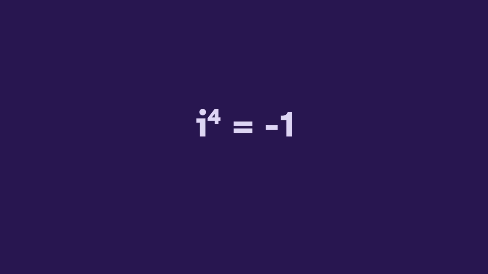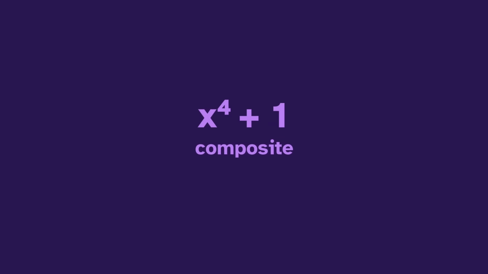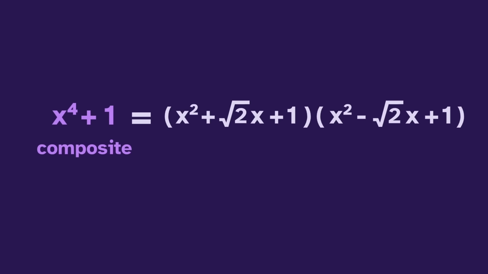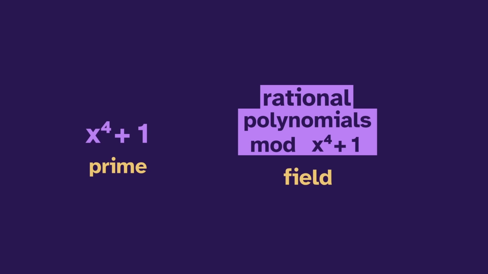If we define i using a power above 2, we won't get a field, because the corresponding polynomial will be composite, having some factorization. Although, notice that this factorization uses root 2, which is irrational. So far, I've assumed that these polynomials are real, but if we switch the system to the rational polynomials, then this factorization doesn't work. x to the 4th plus 1 is a rational polynomial prime, which means this is a field.